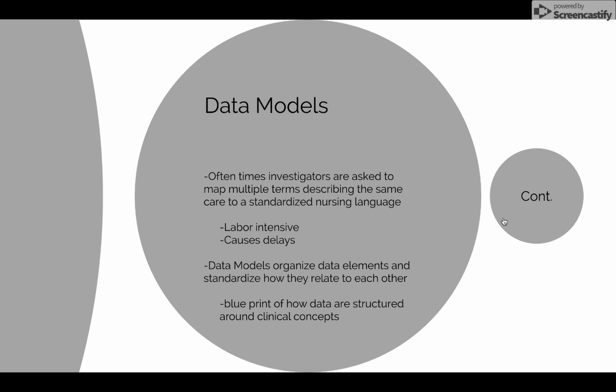It's just too all over the place. It's very labor intensive, causes huge delays, takes too long for nurse managers to get the information back. So data models organize this data, standardize how they relate to each other. It's basically a blueprint of how data is structured around clinical concepts.